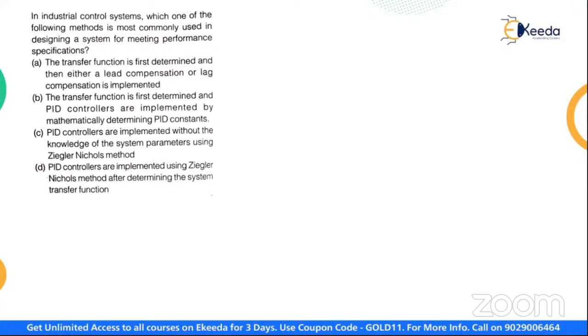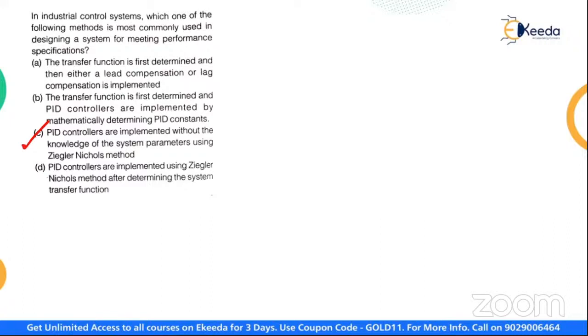Option C: PID controllers are implemented without the knowledge of the system parameters using the Ziegler-Nichols method. So let us see what the answer is. From all of this, the answer is option C, because PID controllers are implemented without knowledge of system parameters using the Ziegler-Nichols chart. Correct. In industrial control systems, it is done; the rest is not done.